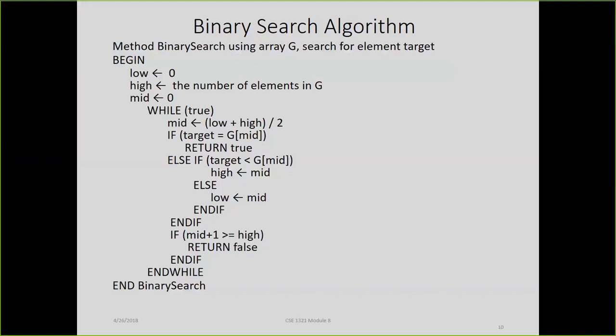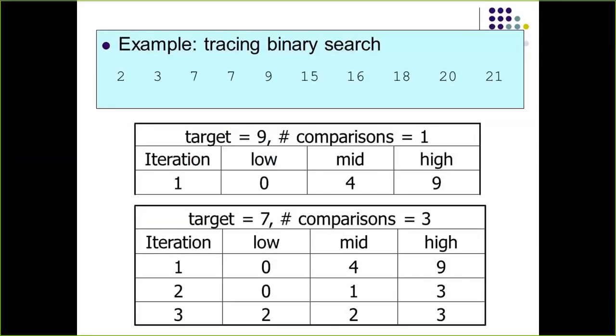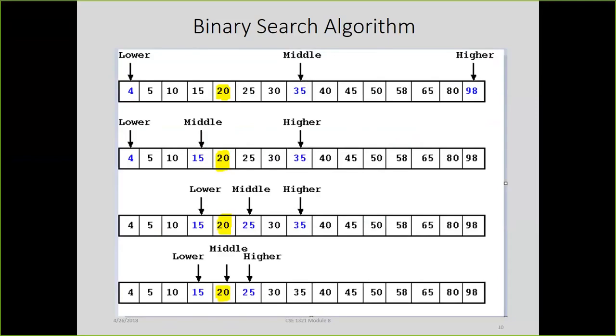Then I can find the value at the middle position. Let us consider that we search for 20, whether 20 exists in this list or not.